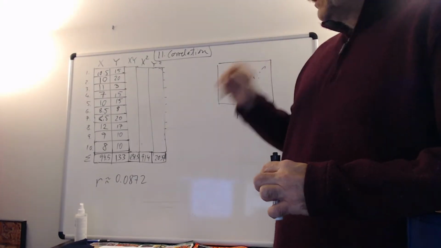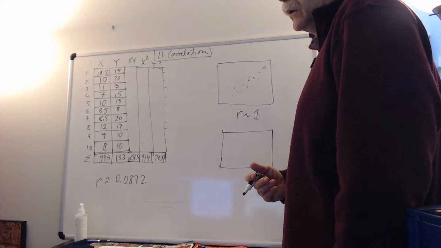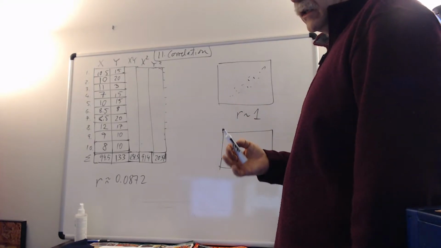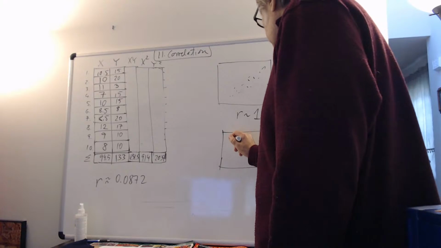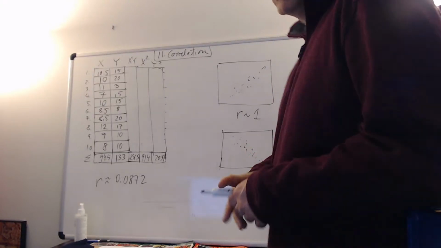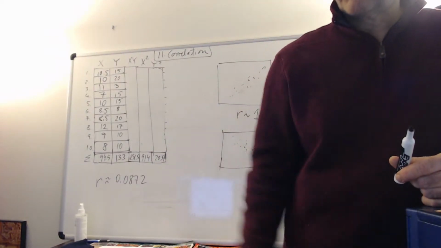Now, if the correlation is there, but is what we call in negative sense, a negative correlation, that could be something like this, which means the bigger X you have, the smaller Y you get.